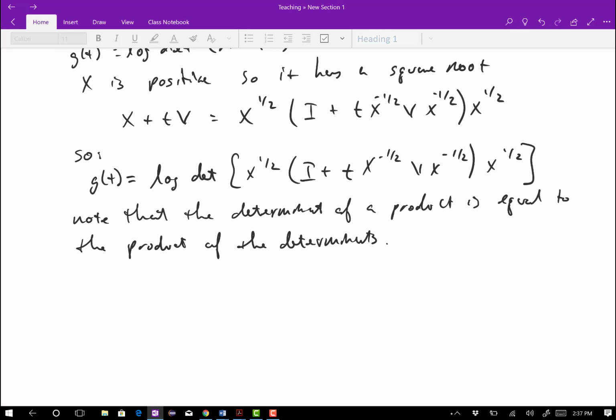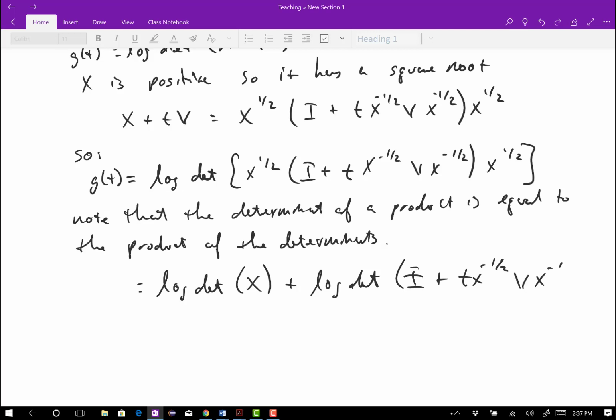So from there, we can rewrite this as log det x plus log det I plus t x to the minus 1/2 v x to the minus 1/2.